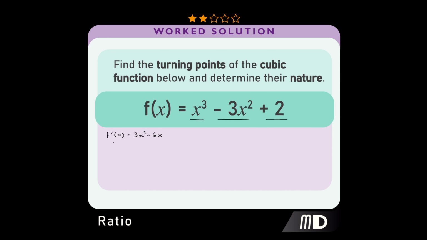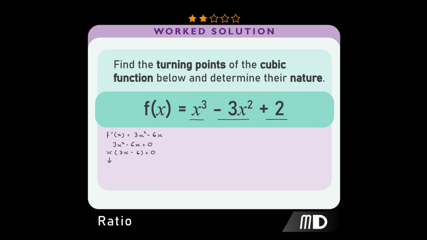Setting 3x squared minus 6x equal to 0 and factorizing to get x multiplied by 3x minus 6 equal to 0, we can identify two solutions.